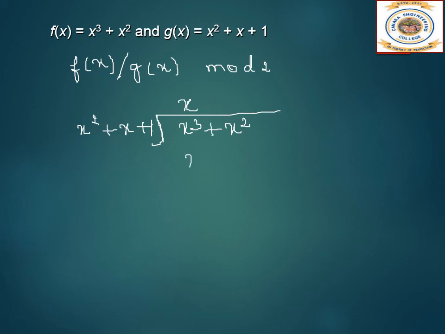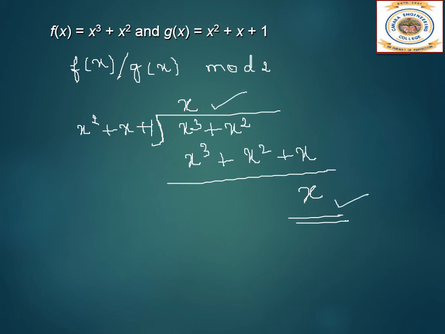So x into x square is x cube, plus x into x is x square, plus x. Now we already know that addition and subtraction are the same, so I can simply add: x cube plus x cube mod 2 becomes 0, x square plus x square is 2x square, mod 2 is 0. So what will remain? x. So on division, what is the answer? The quotient is x and the remainder is also x. This is how we perform division.